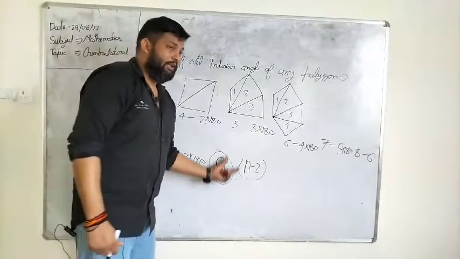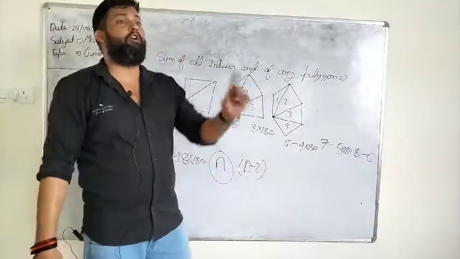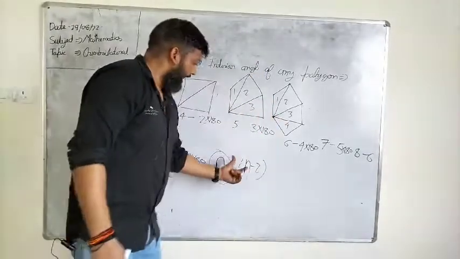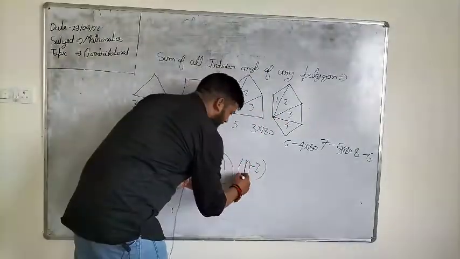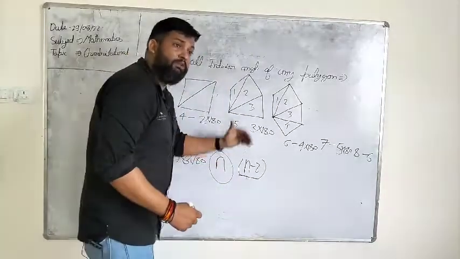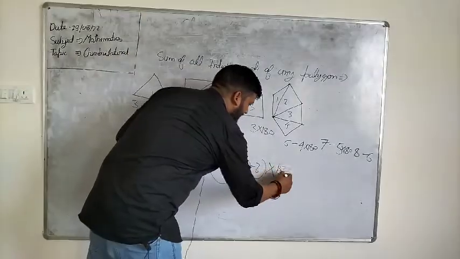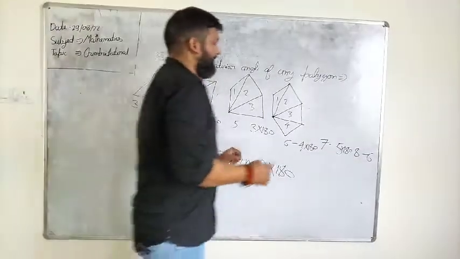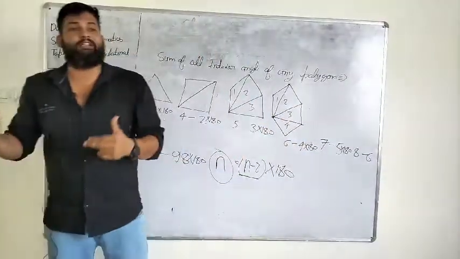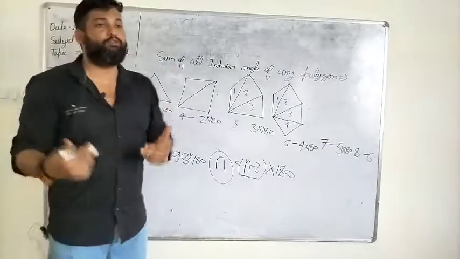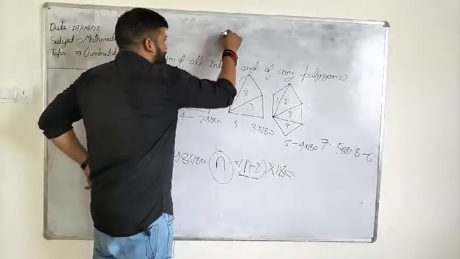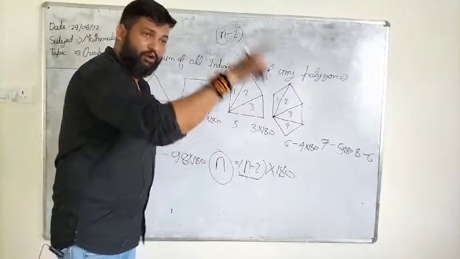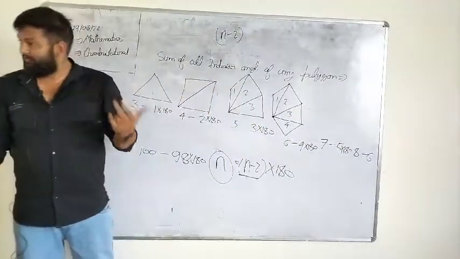So if we have to find the sum of all interior angles of a polygon which has n sides, we multiply the number of triangles by 180. So what is the formula? If the number of sides is given, n minus 2 triangles form. How many triangles? n minus 2.